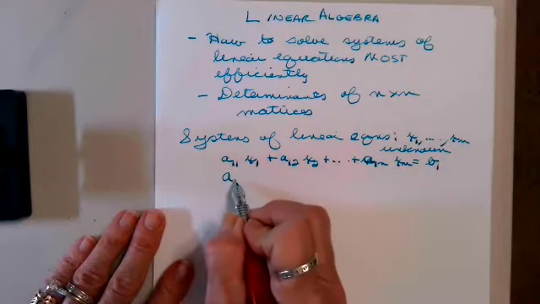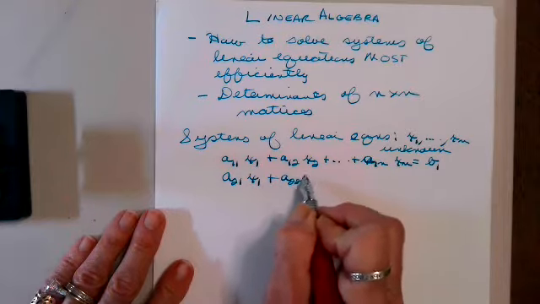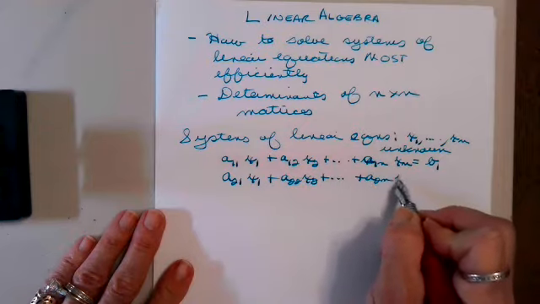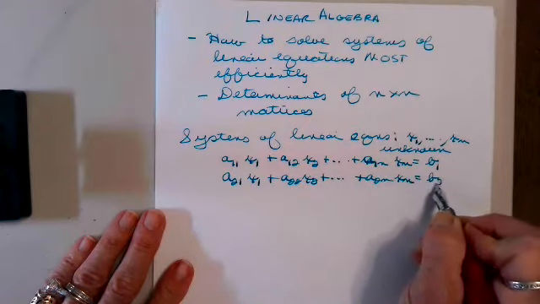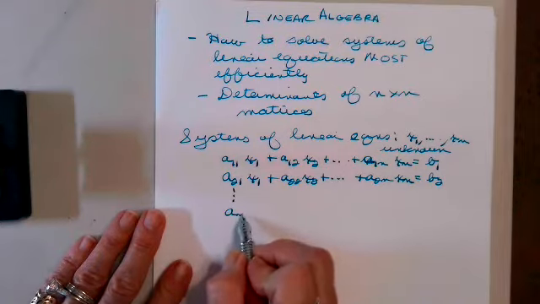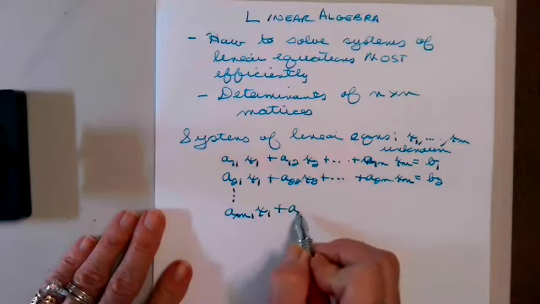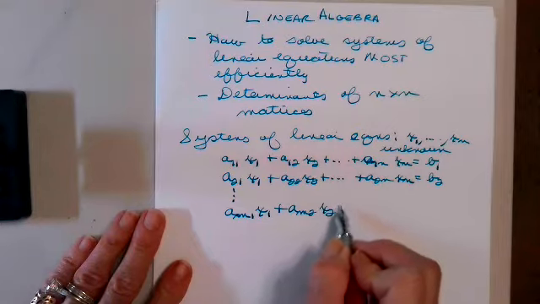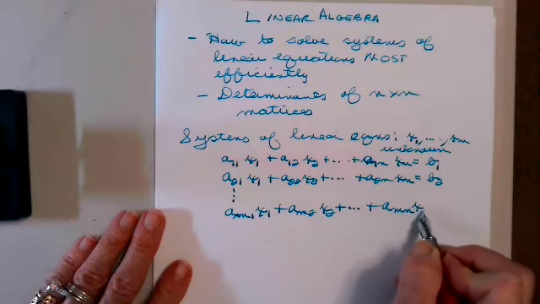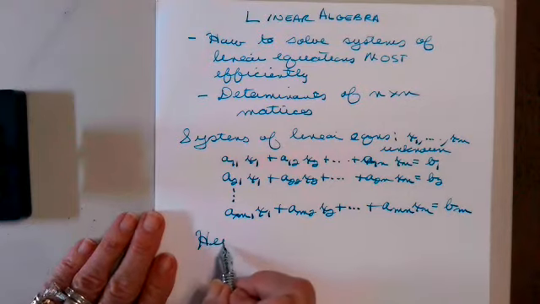And the next equation we'll call a21 x1 plus a22 x2 plus a2n xn equals b2, and you keep going like that. And maybe you have m of these equations, so the last one will look like am1 x1 plus am2 x2 plus so on to amn xn equals bm.